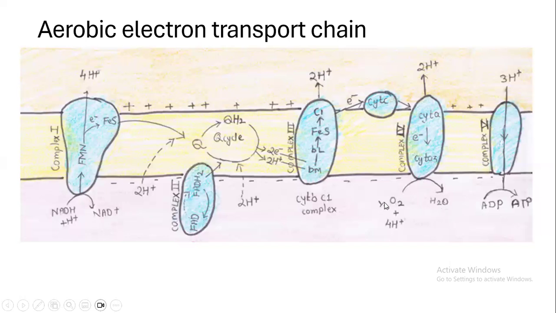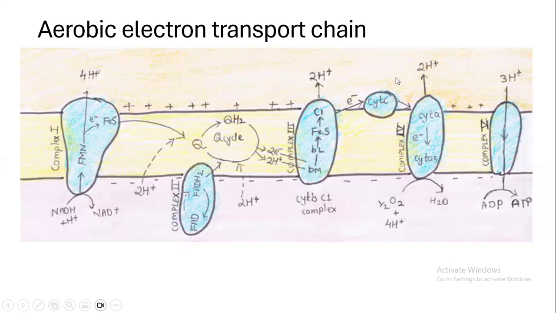For conversion of each half molecule of oxygen to water, 4 H plus ions are used up, out of which 2 H plus ions are used for the actual reduction process and 2 H plus ions are excluded across the membrane by cytochrome AA3 complex in this step.